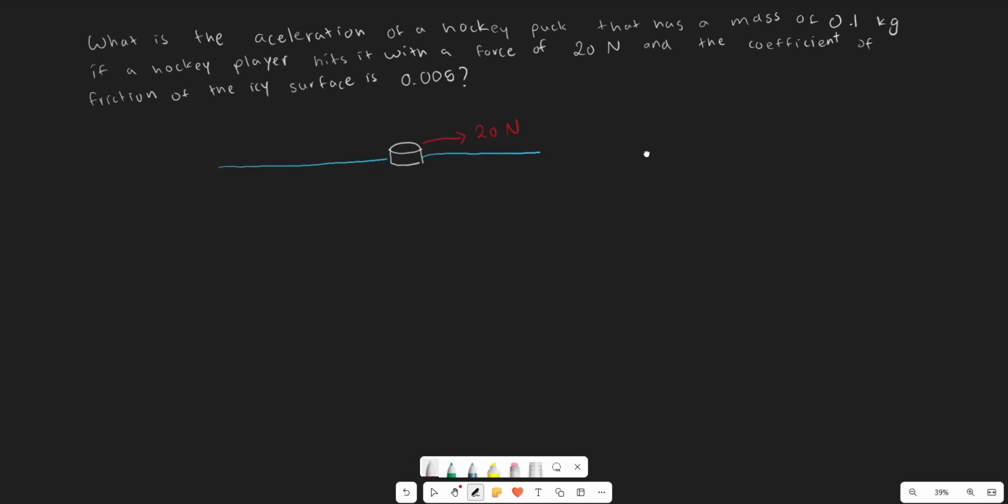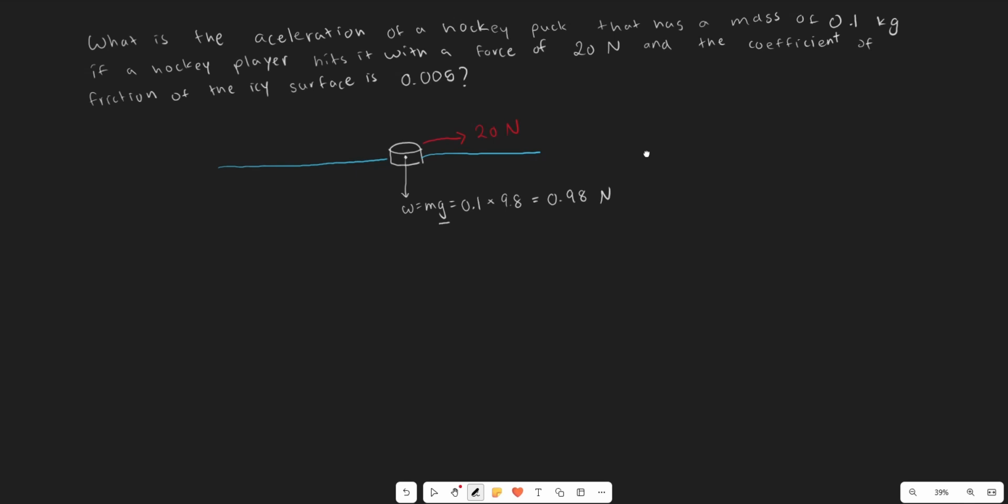So what does that mean in terms of normal force and weight? It means the weight is equal to mg. Plugging in the mass, 0.1 kilograms, times g, the gravitational acceleration, 9.8 meters per second squared, our weight is 0.98 newtons.